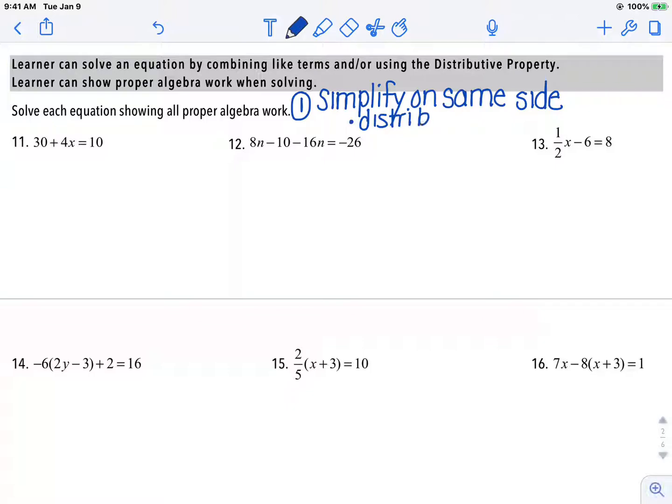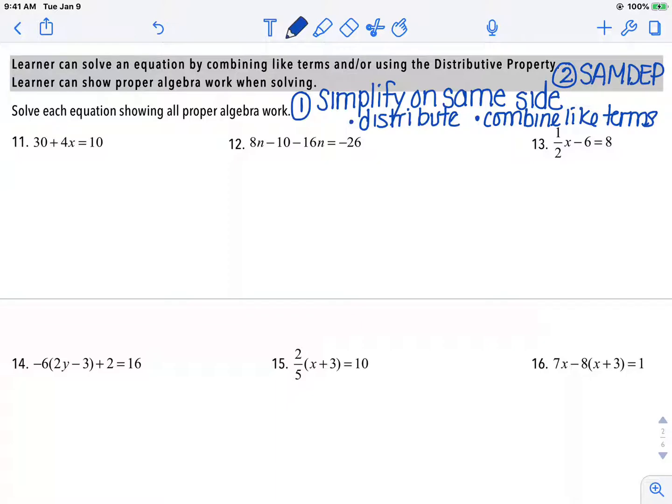Any combining of like terms, but again, only on the same side. As soon as each side is simplified, then you start doing your SADMEPs, meaning I'm going to subtract, add to both sides, multiply, divide to both sides, that undoing that is solving.